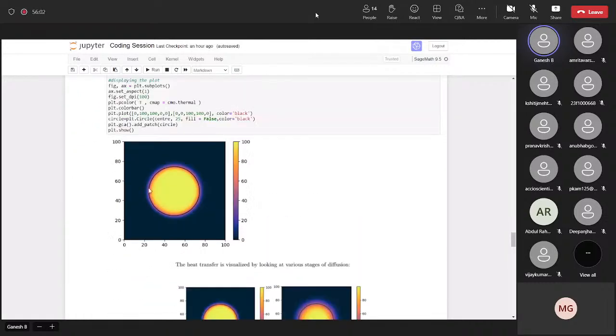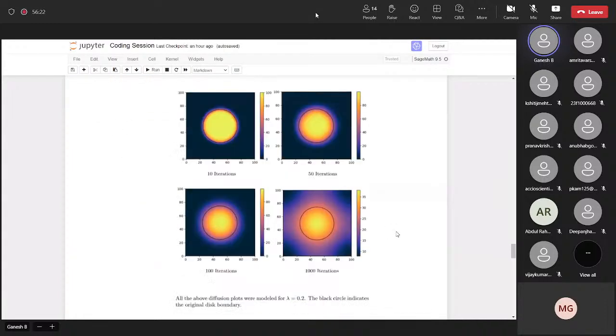If you do that, you would get something like this. This is your disk, and this is your 100 cross 100 plate that you're keeping the disk on, and this black circle is your disk boundary. Initially the disk is very hot, as this scale shows, and the surrounding is very cool.